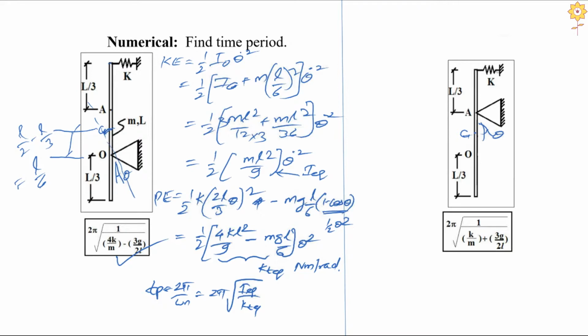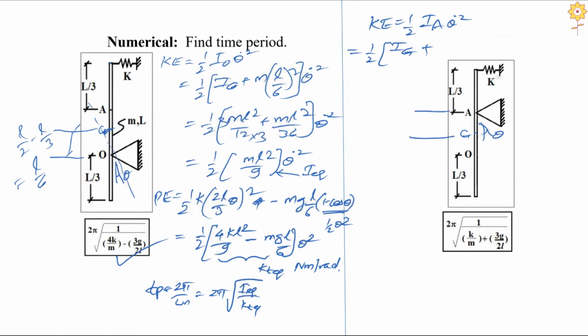And in the next case, what is the kinetic energy for the second part? So it's basically half into I about the A axis, KE is equal to half into I about A axis into theta dot squared. Fine. And what is that here? Half into I about CG axis plus m times the distance between the CG axis and this axis squared.